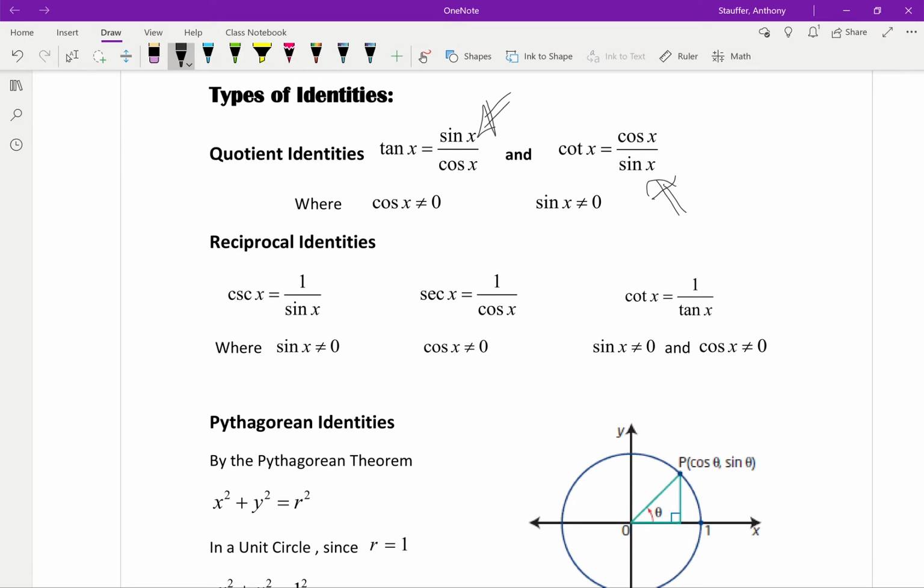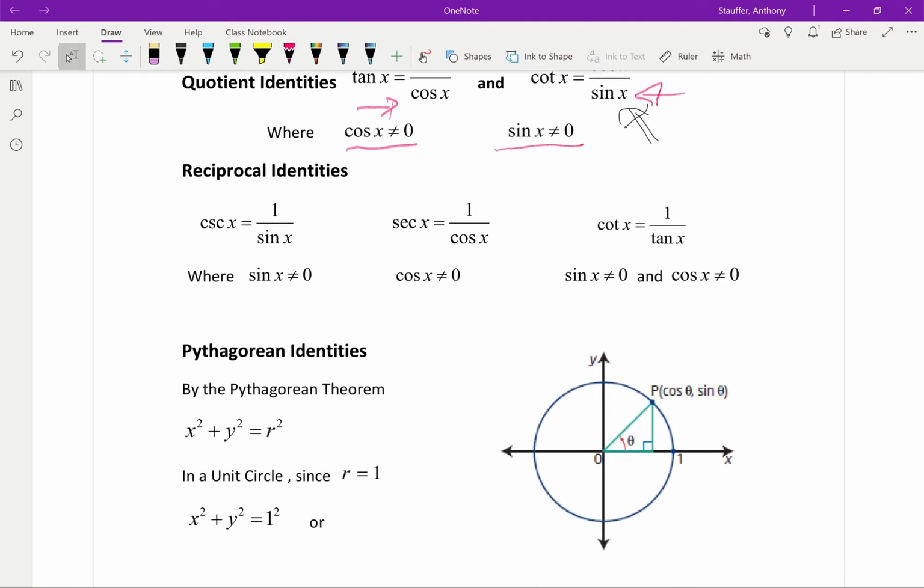Now, one thing that's very, very important is you'll notice, since we've put the cos x in the denominator here, and the sine x in the denominator there, we have that cos x can't equal 0, and that sine x cannot equal 0 respectively. That's going to come into play when we look at the NPVs of this. Now, my reciprocal identities, and we've already talked about these.